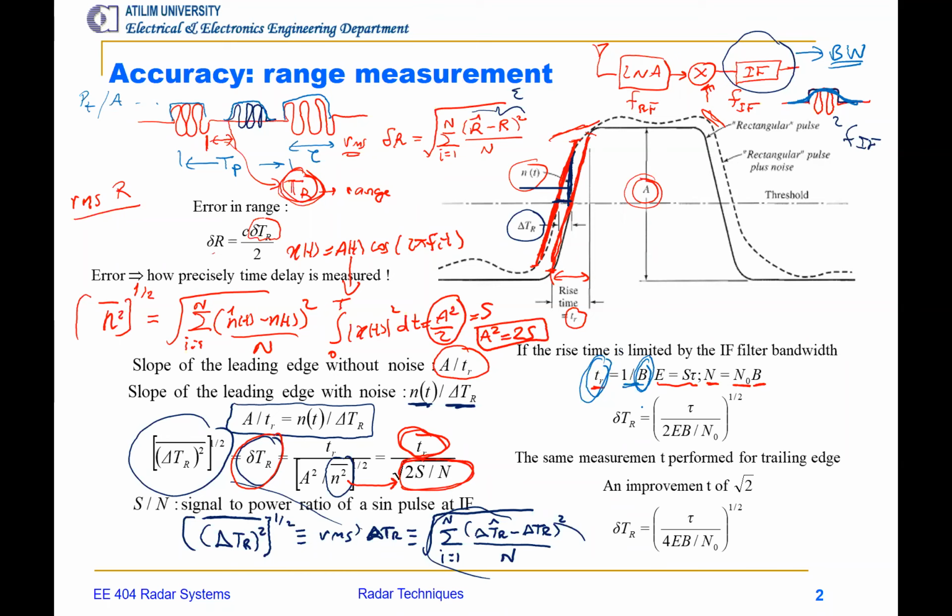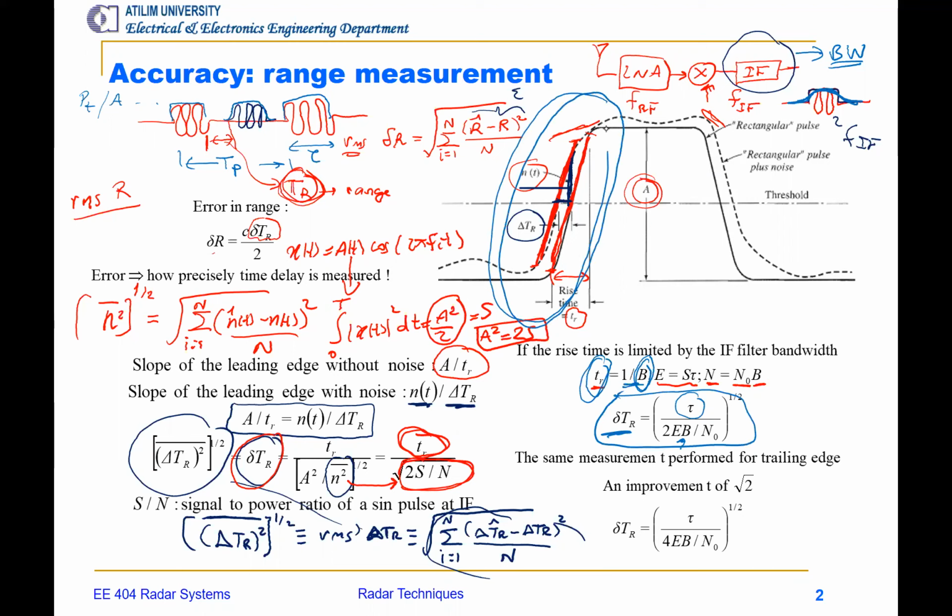Then we can write the RMS error in terms of the bandwidth of the filter, the pulse duration, as well as the energy and noise power spectral density of the noise. Okay, so this is the RMS error for the leading edge. We just derived it for this leading edge.